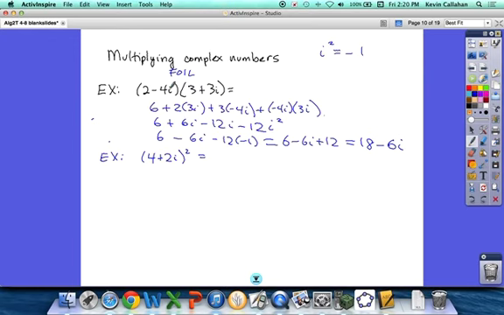So we had 6i minus 12i, which is negative 6i.